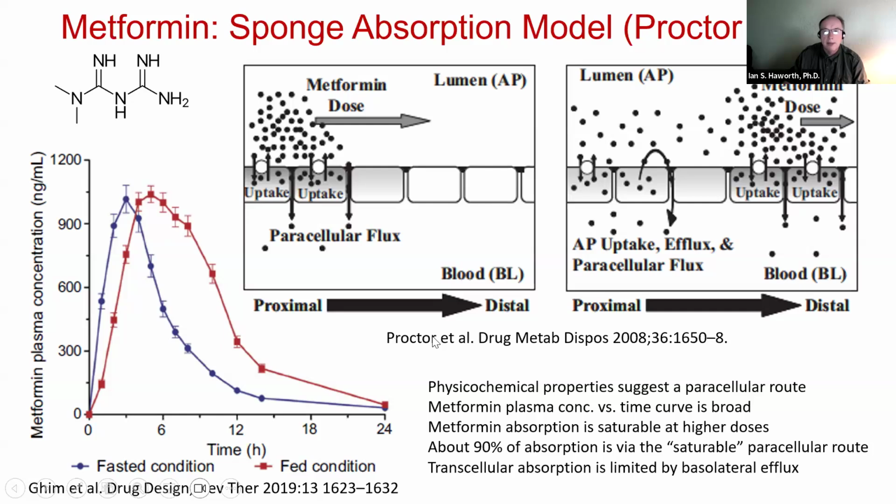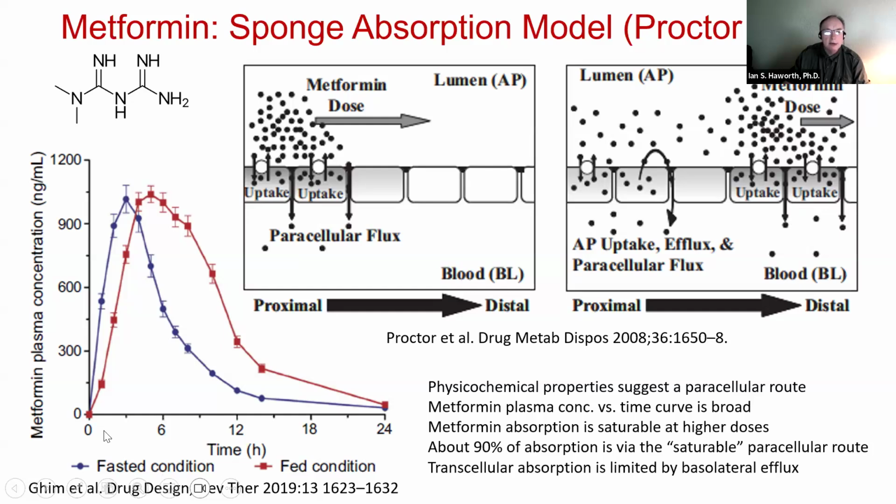Argue that what is actually happening is that the metformin is not all immediately transported paracellularly or absorbed paracellularly, but in fact, a lot of it moves into the epithelial cells through a transporter, is sequestered in those cells for a while, then comes back out through a transporter and moves through the small intestine and eventually is taken up paracellularly.